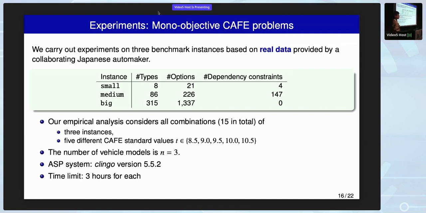The big one is somehow created by adding vehicle types and equipment to the medium one. I remember there is no special reason for the dependency constraint. The number of dependency constraints is 0, but this is just the instance from the car maker. I understand. Thank you very much.